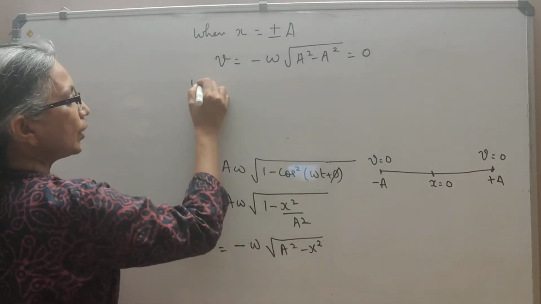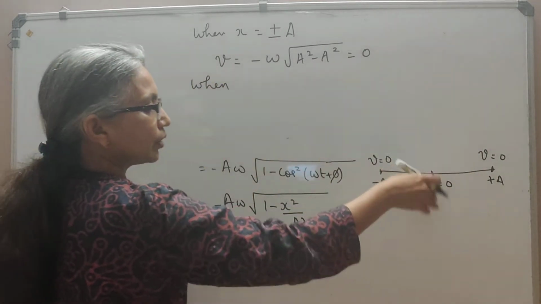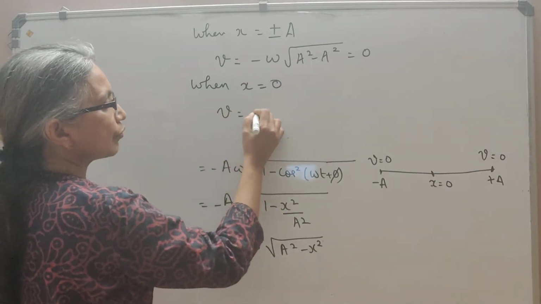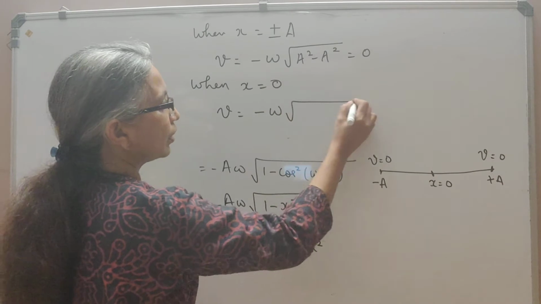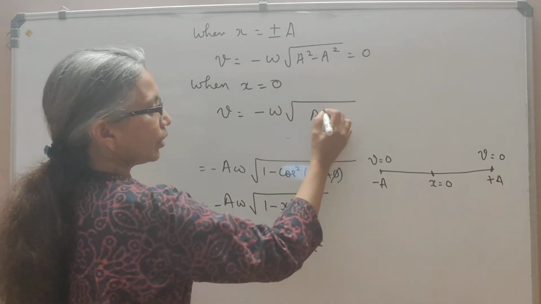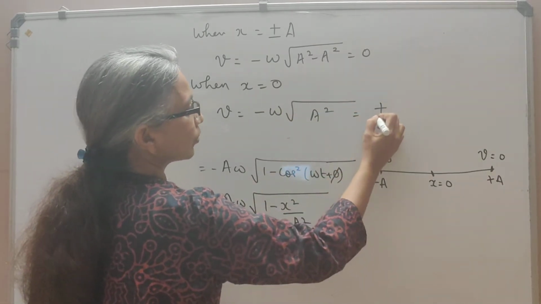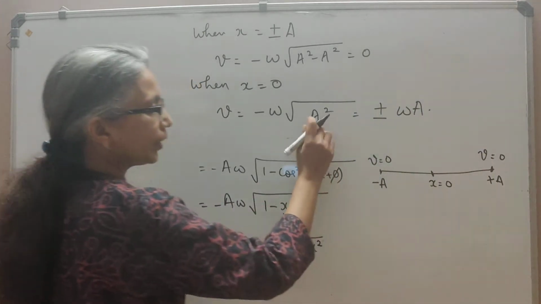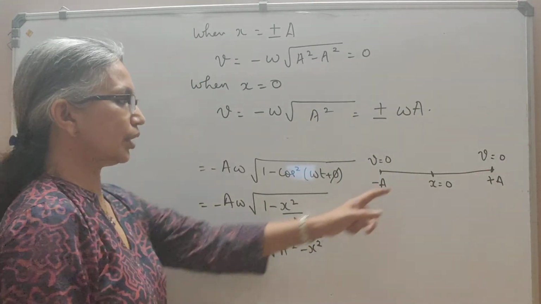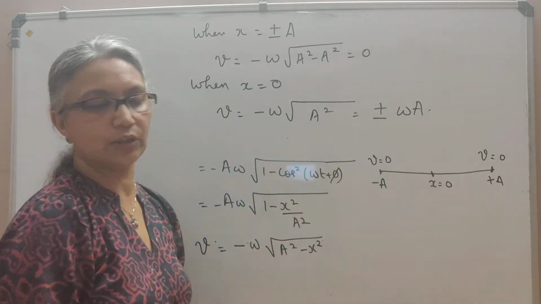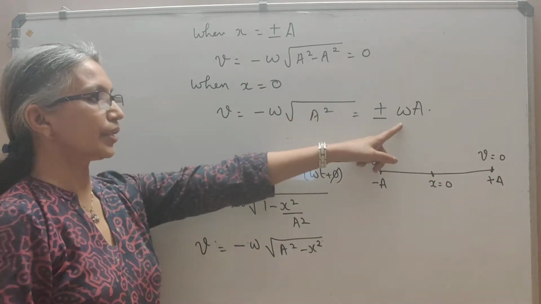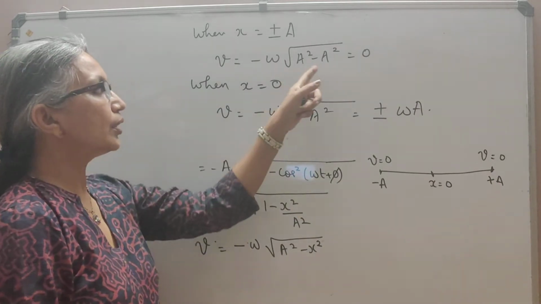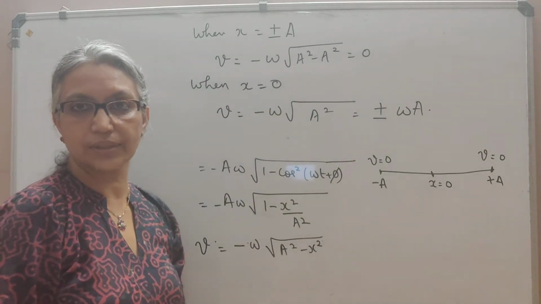Similarly, when the particle is in the mean position, that is when x equals 0, the velocity of the particle will be minus omega root of a square, that is plus or minus omega a, plus or minus because a can take plus or minus values. So the velocity is maximum at the mean position, plus or minus omega a, whereas at both extremes the velocity is 0.